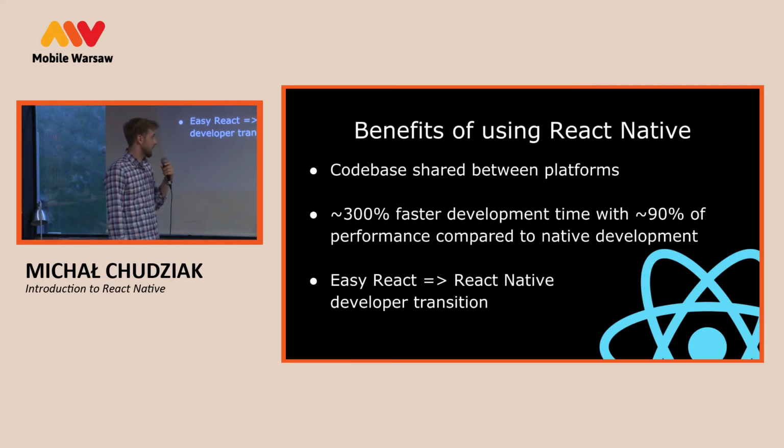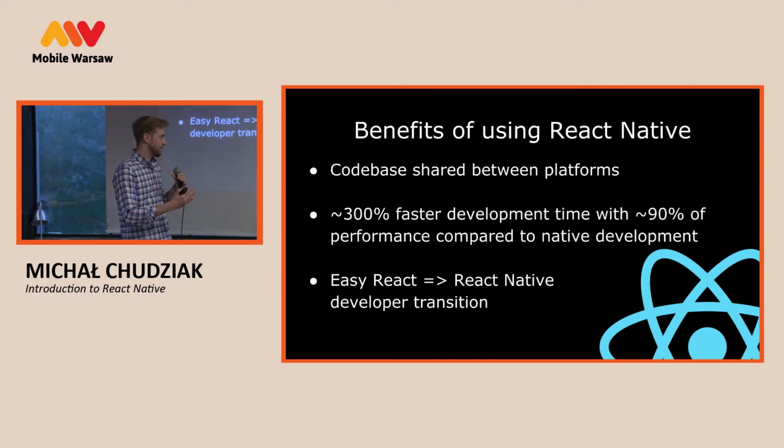I've seen a presentation from Talco from Wix software, and he made some great calculations, and he mentioned that development time is 300 times faster with React Native if you take both platforms.